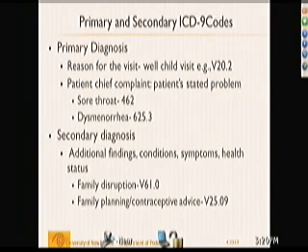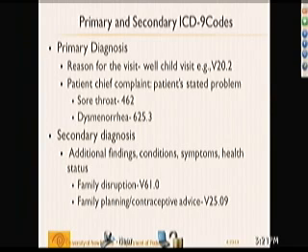I've had questions about what is the difference between a primary and secondary diagnostic code, an ICD-9. Primary diagnoses are the reason for the visit. So if it's a well child visit, you're going to have to use V20.2.